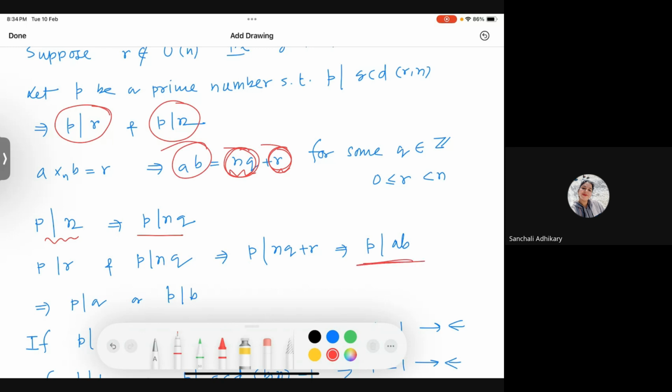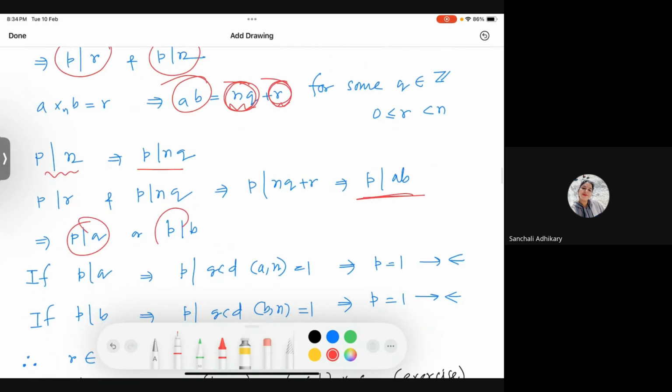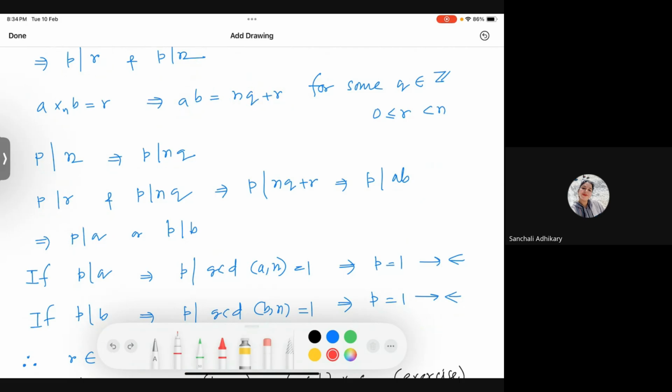So a prime number which divides A into B, it means P divides A or P divides B.